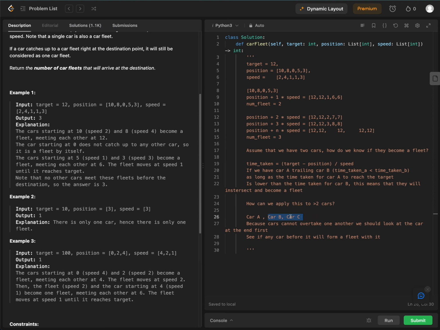And if these two become a fleet, we want to check car A again, whether or not car A will catch up to these two cars. And if they do, we'll add this on to the car.